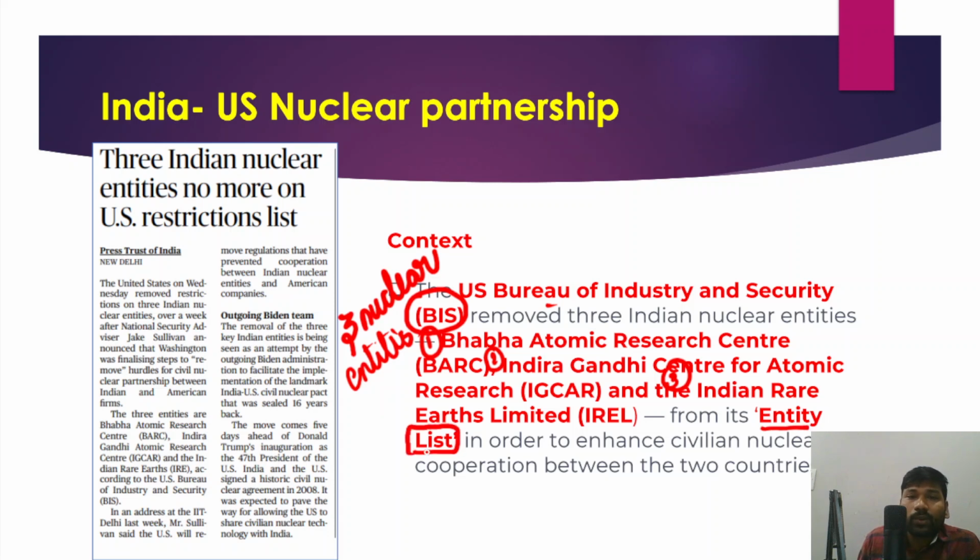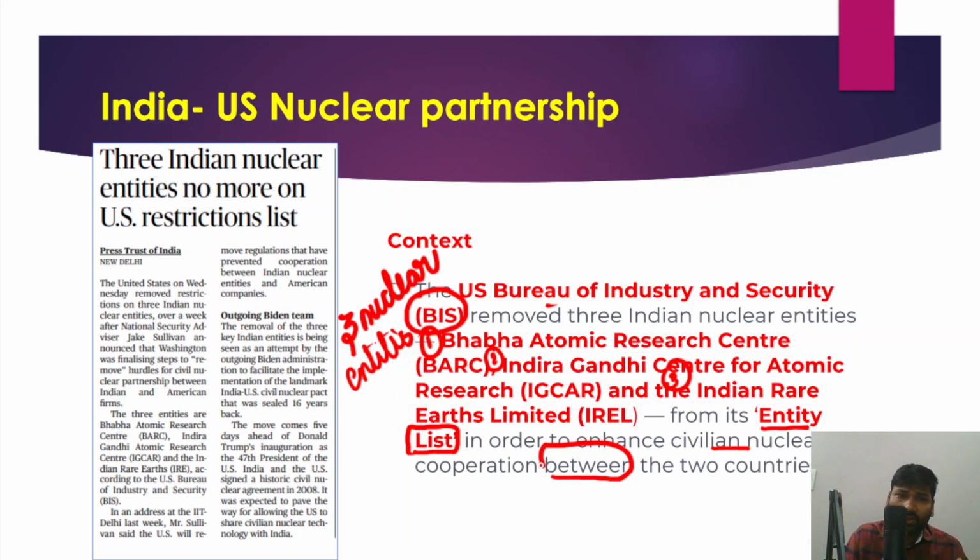We'll understand what exactly an entity list is. The US Bureau of Industry and Security has removed these three Indian nuclear entities in order to enhance civilian nuclear cooperation between the two countries.